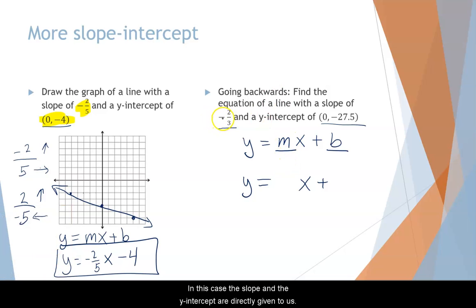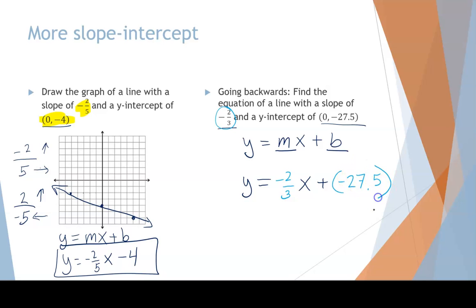In this case, the slope and the y-intercept are directly given to us. m is -2/3, and the y-intercept is (0, -27.5), so b is -27.5. There is our answer.